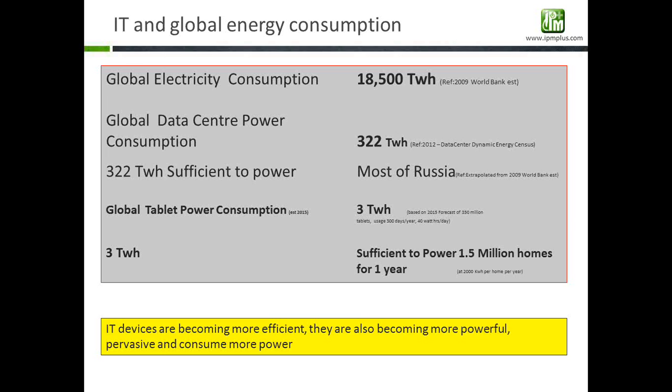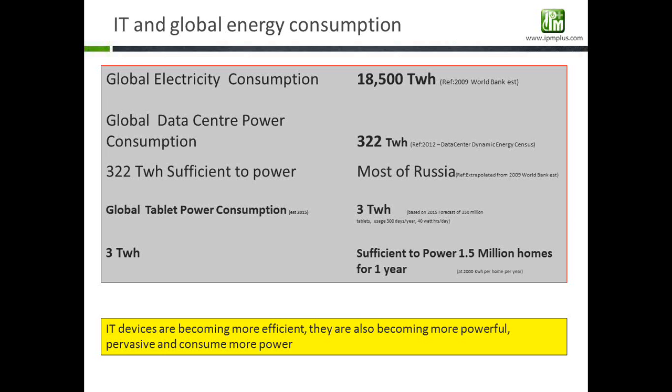The global energy consumption in 2009, as per the World Bank report, is 18,500 terawatt hours. A terawatt is huge, right? 1,000 watt hours is a kilowatt hour, 1,000 kilowatt hours is 1 megawatt hour, 1,000 megawatt hours is 1 gigawatt hour, and 1,000 gigawatt hours is 1 terawatt hour. So you are saying 18,500 terawatt hours. It means you are consuming so much power.